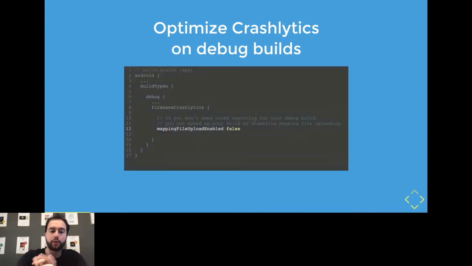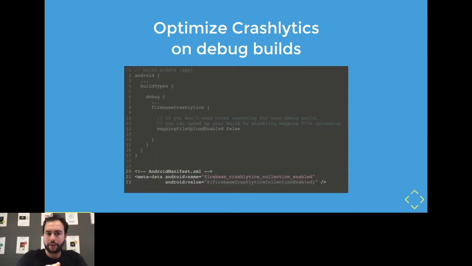One of the first optimizations is to make sure the mapping file that they prepare and upload to their servers doesn't get uploaded during debug builds, because this is going to save us a couple of seconds for sure.